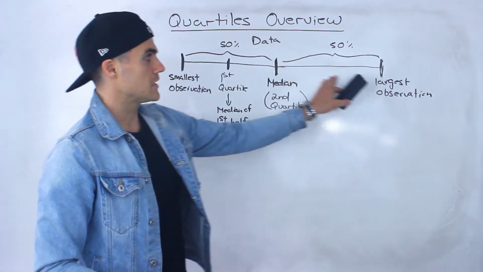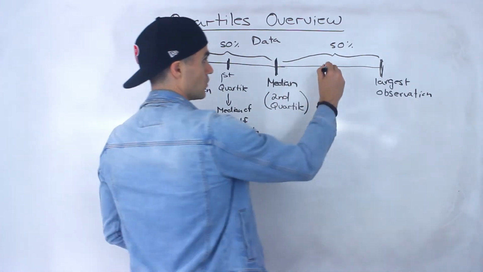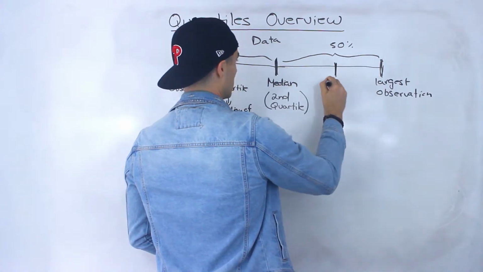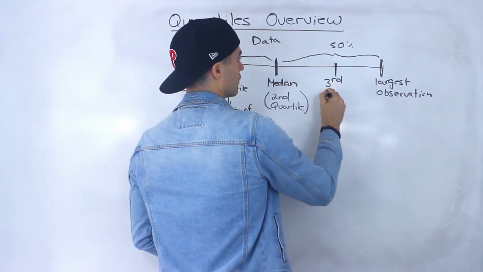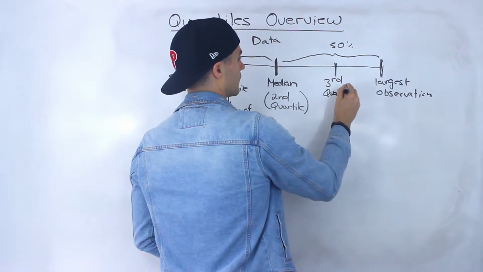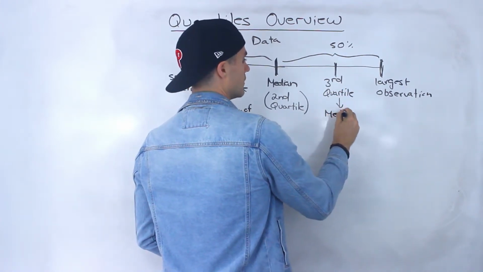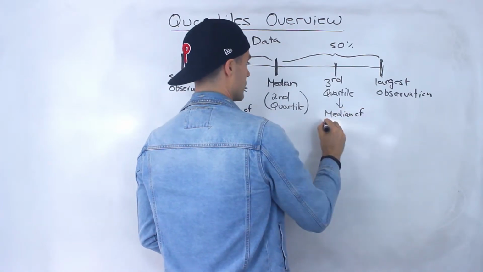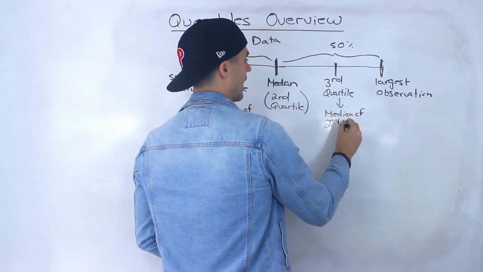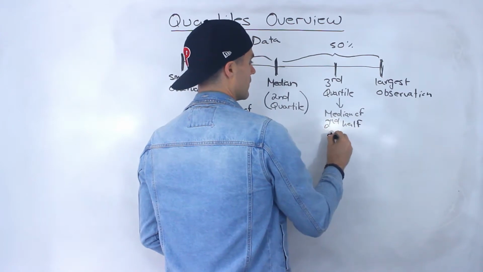And then we would find the median of the second half, which would be the third quartile. So the third quartile is the median of the second half of the data.